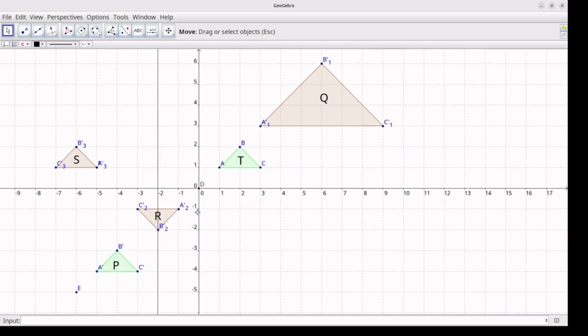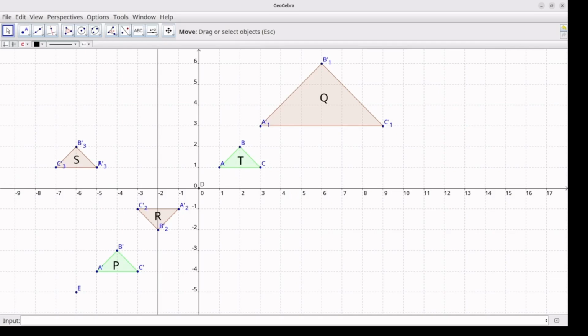What's the translation vector? Let's count from C to C. That's 1, 2, 3, 4, 5, 6 units to the right, and 1, 2, 3, 4, 5 units up.